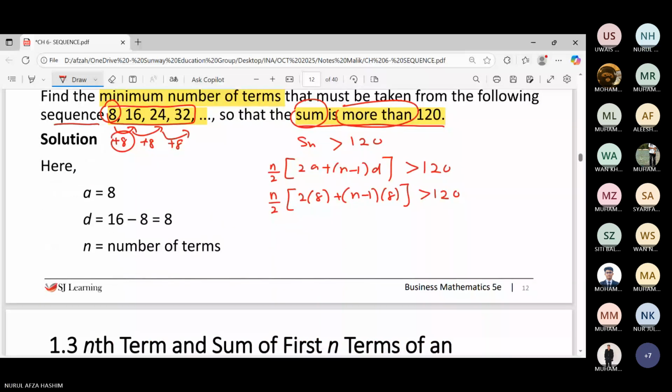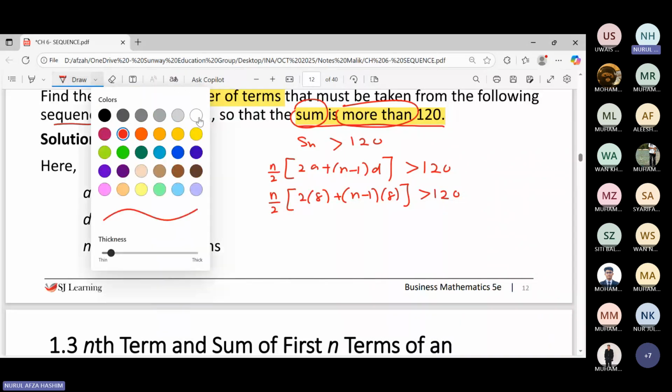How do you want to simplify this one? Open all the brackets one by one. How is it going to be when you open the bracket? Macam mana? Apa yang jadi belah kiri tu?